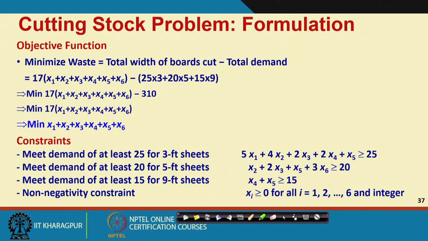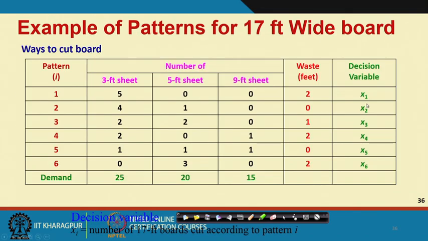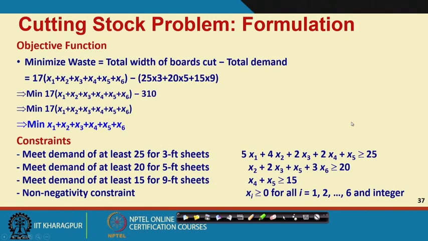So, you can see what the objective function will be. The objective function will be to minimize waste, total width of boards cut minus total demand. So, 17 into x1, x2, x3, x4, x5, x6. You see, total width of boards cut: x1 number of pattern 1, x2 number of pattern 2, x3 number of pattern 3, each being 17 feet, and these many products are to be finally obtained, because we do not want any more than the customer demand.